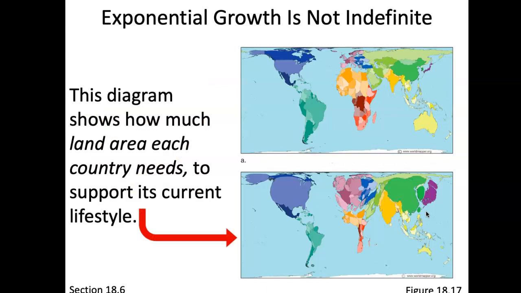These are so interesting to look at, because it gives us an insight into what's coming in years to come. Europe also, they use many more resources than they actually have the land for. And that's a problem that we're going to have to face in the future.